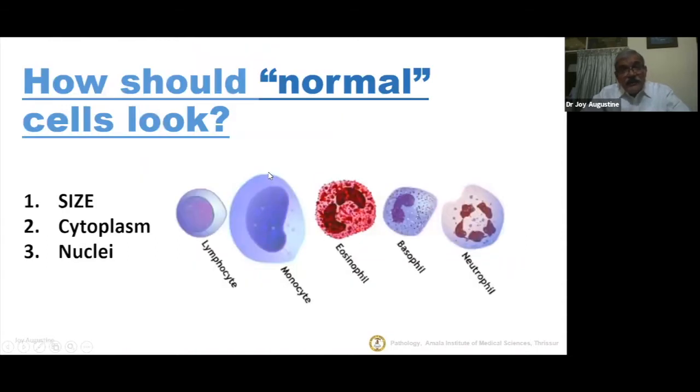Now, how should normal cells look? We look at the normal cells based on the size, the cytoplasm, and the nucleus. The lymphocyte is the simplest of cells with a round nucleus and a very scanty rim of cytoplasm. While the monocyte is the largest cell and its nucleus can be anywhere from kidney-shaped to figure-of-8 shaped or twisted.